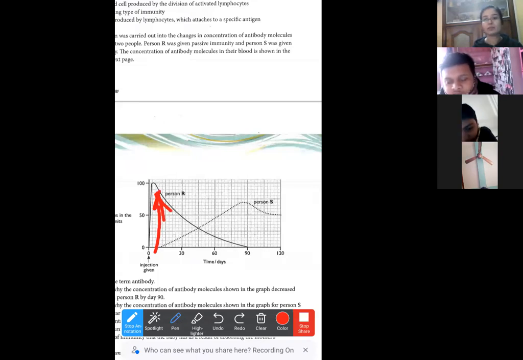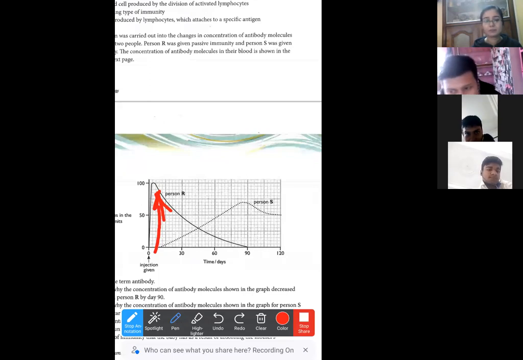Whereas person S is not injected with the antibodies. Person S is given the vaccine and the vaccine contained attenuated or inactivated cultures of pathogen or dead cells of the pathogens. So the person S will first recognize the pathogen, then lymphocyte cells will be activated, then the clones will be made.